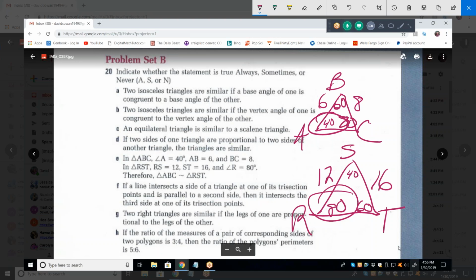So we could have similar triangles if angle A, but I think almost by definition, if you make this statement right there, you are saying angle A is the same as angle R, correct? Yes. They are never similar. In other words, what I was doing over here is possible. I could draw another triangle that would have a 40, a 60, and an 80 in it, and it would be similar. But it wouldn't be called this. I wouldn't be able to say triangle ABC is similar to triangle RST.